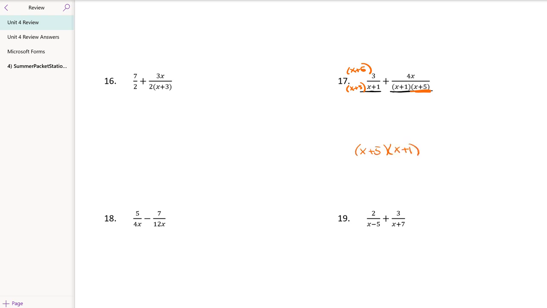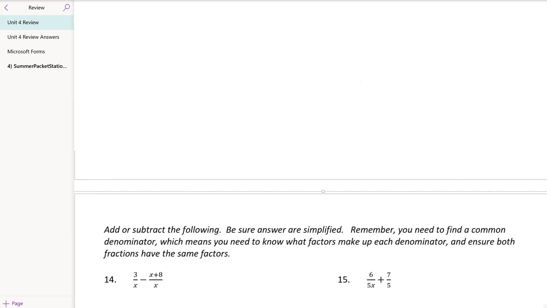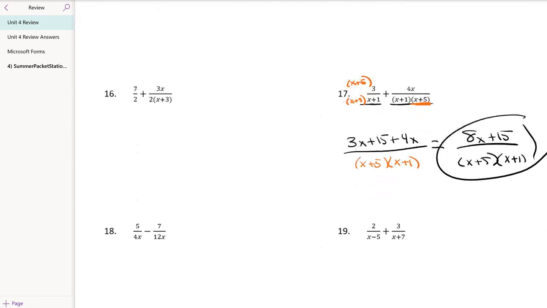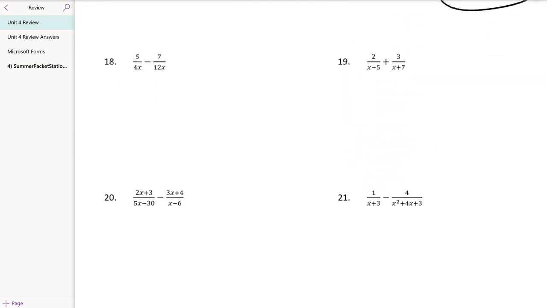I'm going to leave it like that. And then you multiply this out on top. 3x plus 15 plus 4x. Simplify. 8x plus 15 equals x plus 5 over x plus 1. Boom. There it is.